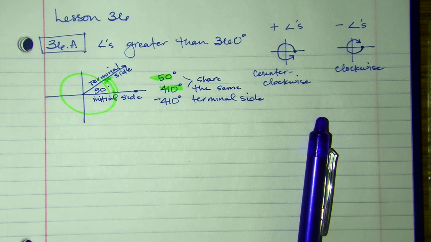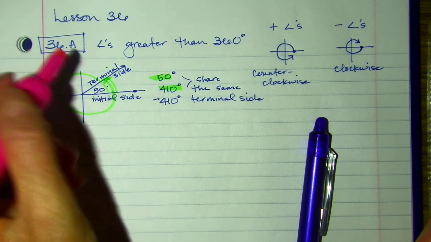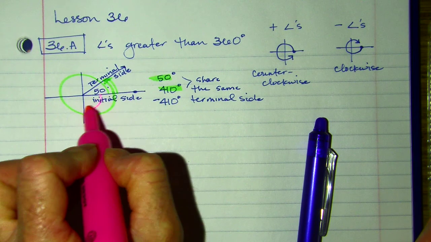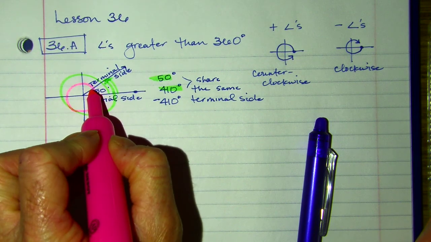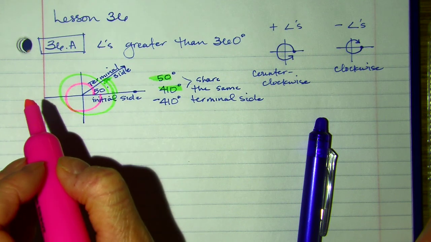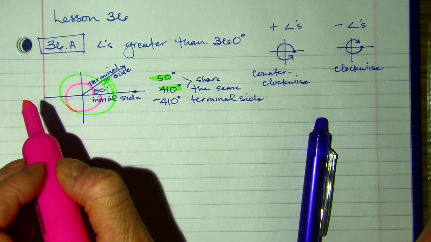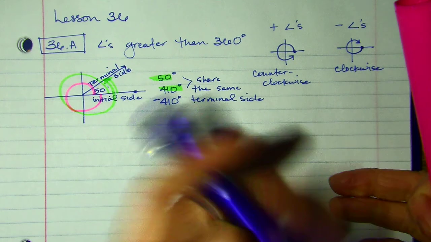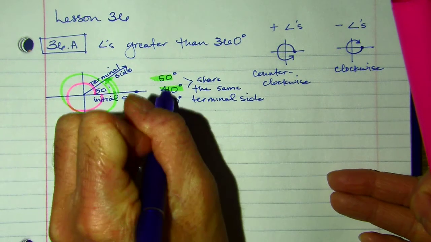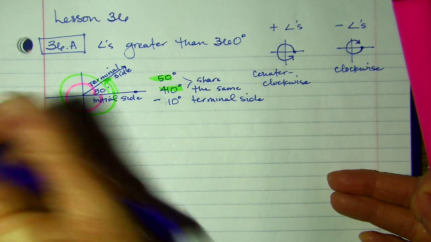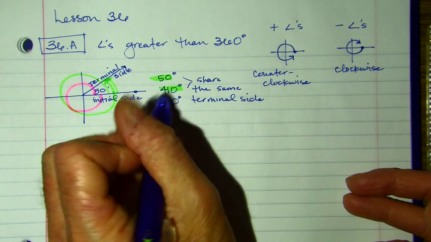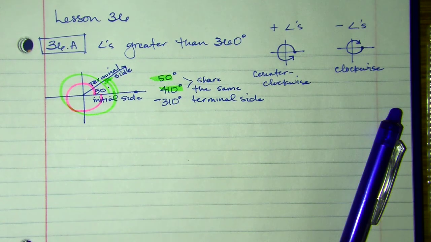So if I started here and went clockwise, here's 360. Did I mess up? Oh, yes, that should be negative 310. I can't erase my highlighter. It's a bummer.